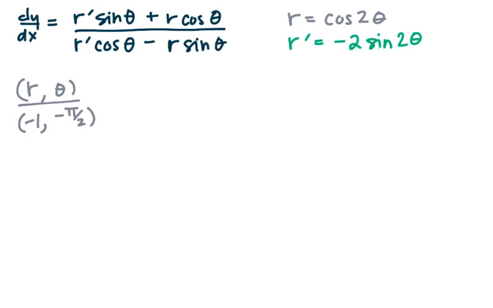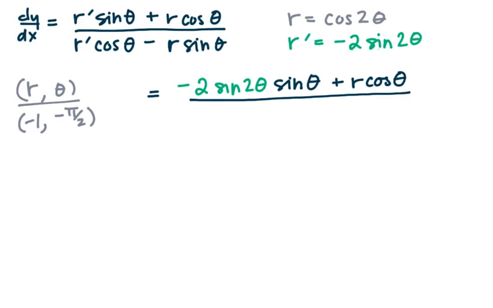This changes my slope formula just a little bit. I now have negative 2 sine 2 theta times sine theta plus r cosine theta, over, again, negative 2 sine 2 theta times cosine theta minus r sine theta. In order to determine slope at these points, I'm going to plug in my theta and r values.